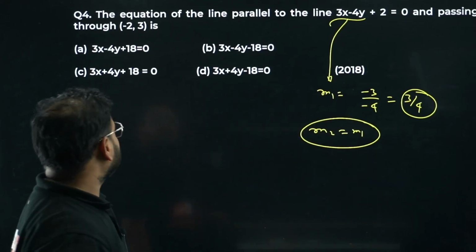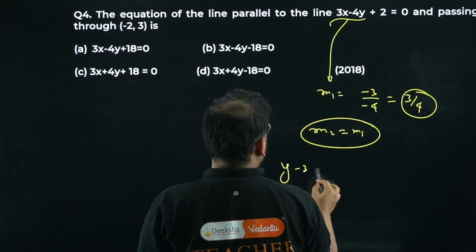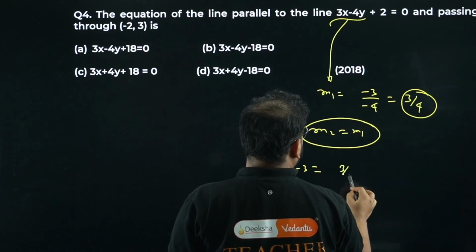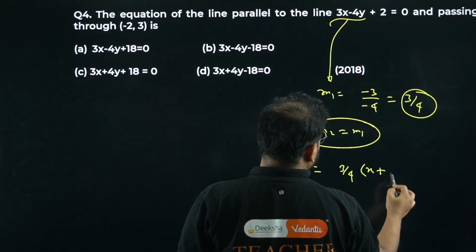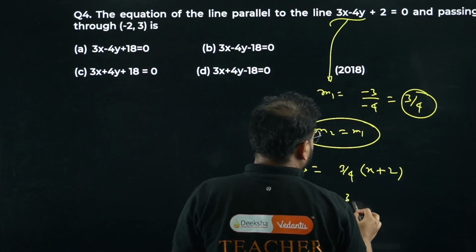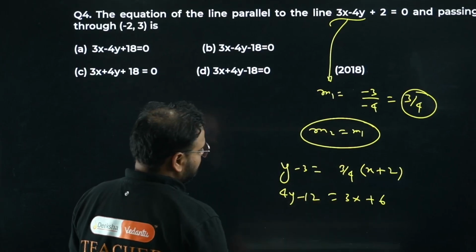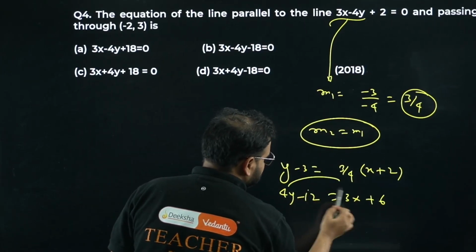Passing through this point, y minus 3 equals 3 by 4 times x minus minus 2, so plus 2. Right here 4y minus 12 equals 3x plus 6. I can bring everything to one side.